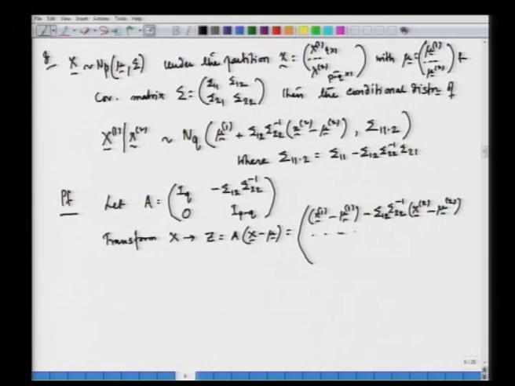The other part, however, is simply x2 minus mu2. So, this is actually the partition of z into z1 and z2, say, where z1 is this and z2 is this one.